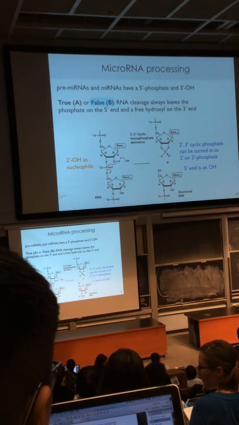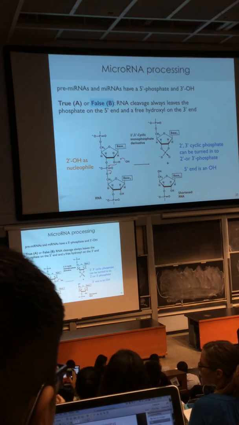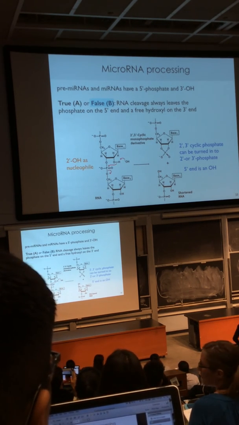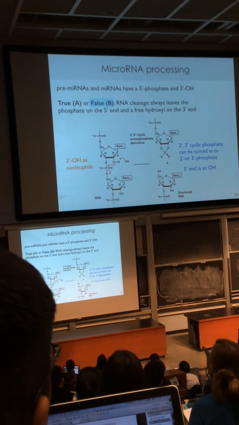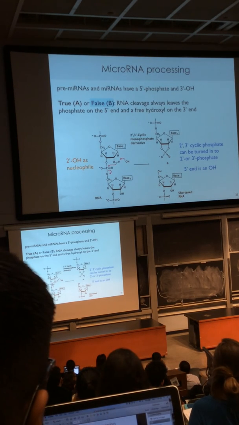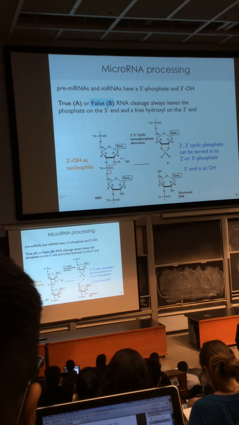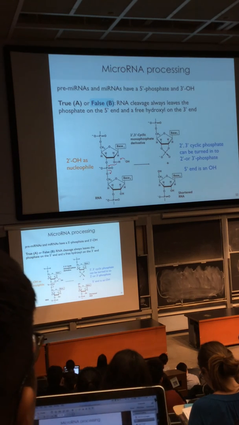In fact, the 5' phosphate and the 3' OH present in a microRNA are different from the products of spontaneous RNA cleavage, and that's an important marker used by the cell to tell a microRNA that was processed by the specific pathway, leaving a 5' phosphate and a 3' OH, from the products of spontaneous RNA hydrolysis, which leave a 3' phosphate and a 5' OH.